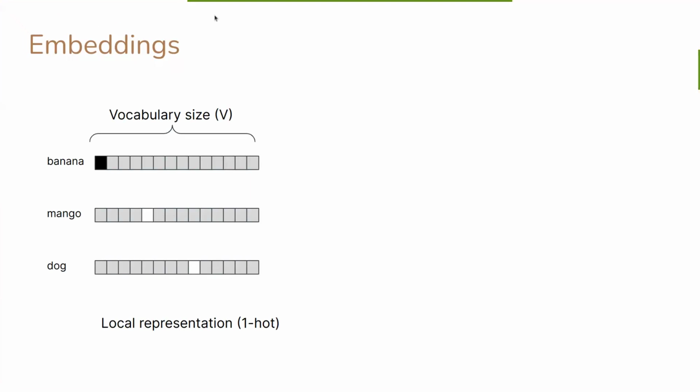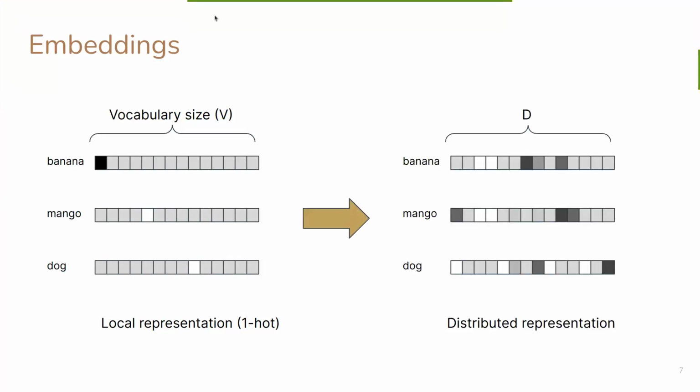And where we have banana, we represent a one, and for all other spots, it's going to be zero. But we also have other representations, like distributed representations, where we are not representing one or zero, but we are representing some values restricted to some dimension d.